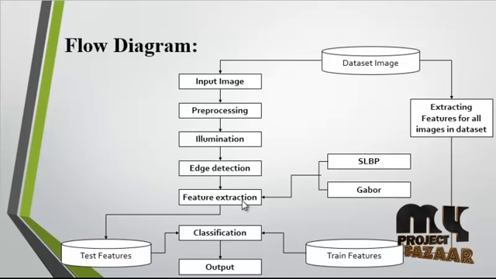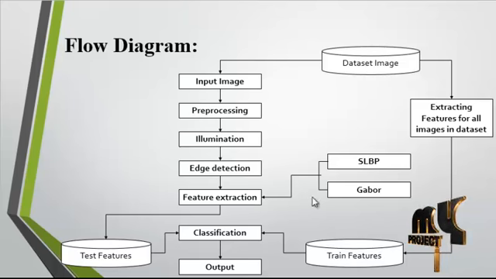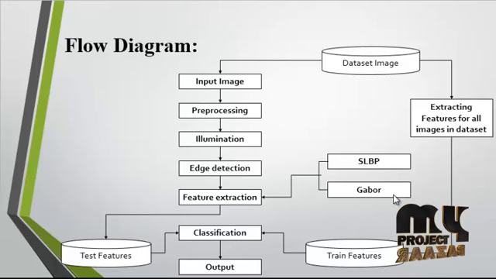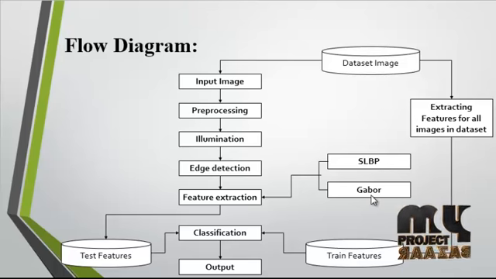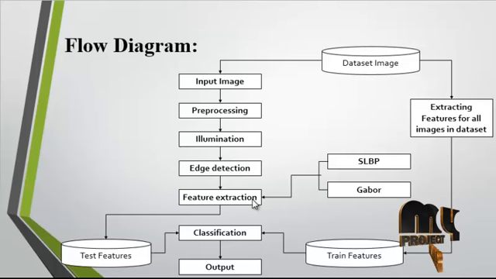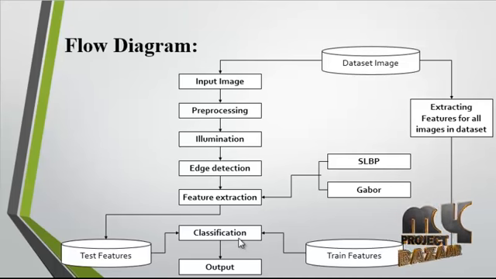In this feature extraction, we implement two major algorithms. The first one is SLBP, and then Gabor feature extraction is used to extract the features from the image. After extracting the features from the image, the classification is undertaken.